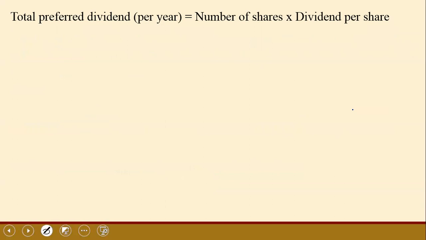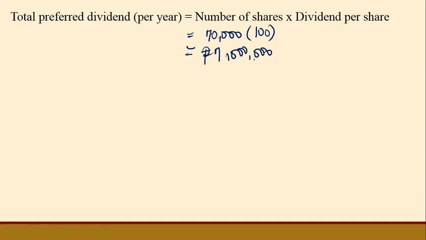And the total preferred dividend per year is equal to the product of the number of shares and dividend per share. So, yung number of shares natin is 70,000 tapos yung dividend per share na 100. So, this is 7 million pesos.